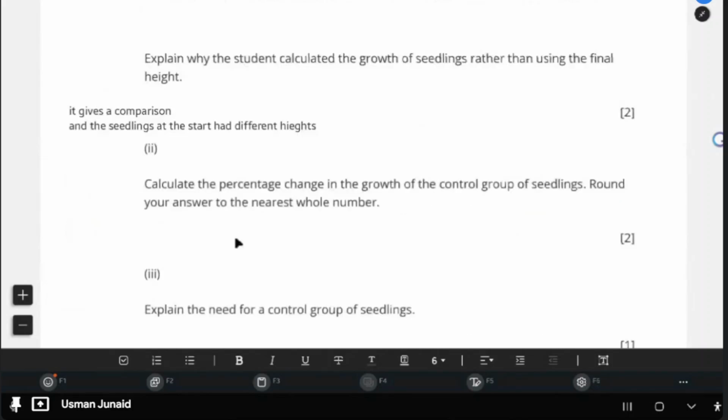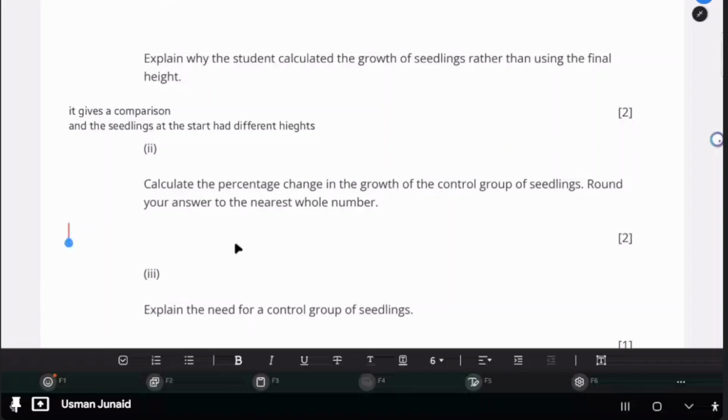So the answer to this question would be 2 divided by 14. And since you're wanting to take the percentage, we'll multiply this by 100.